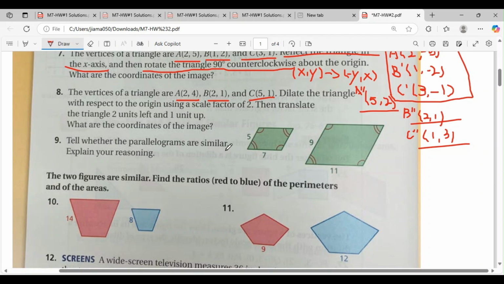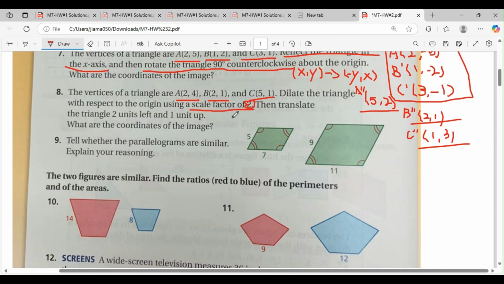When you get the 3 original points, the first step is to dilate the triangle with respect to the origin using a scale factor of 2. Okay, 2 is important.